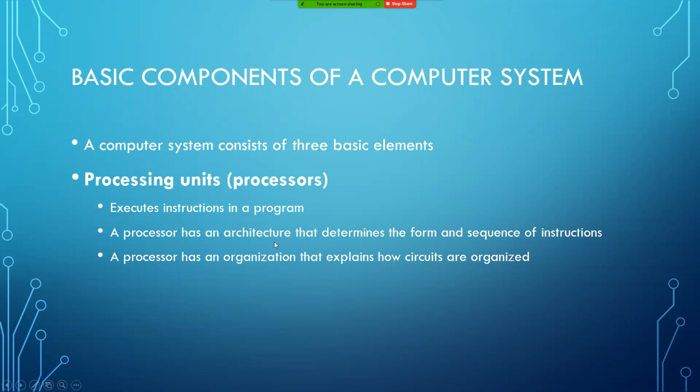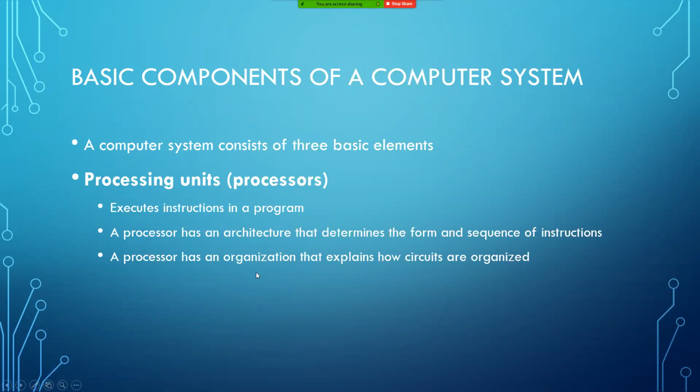For the architecture of the processor, we determine how the sequence will come one after another, how we are going to execute, how we design our processor, what the instruction set is, and what data types the processor can handle.